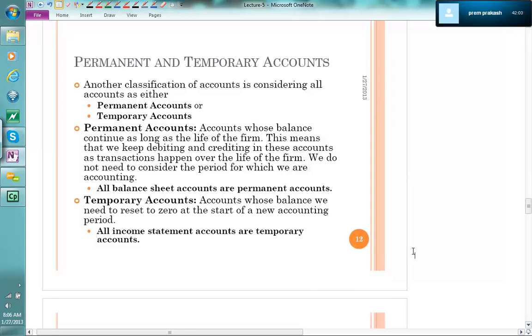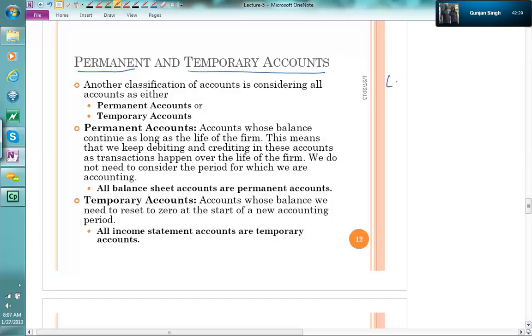Next point is permanent accounts and temporary accounts. So let's think about a balance sheet account. If I say I have 10 million worth of land, and we haven't sold the land, will it continue year after year in the balance sheet, or do we need to close that account?